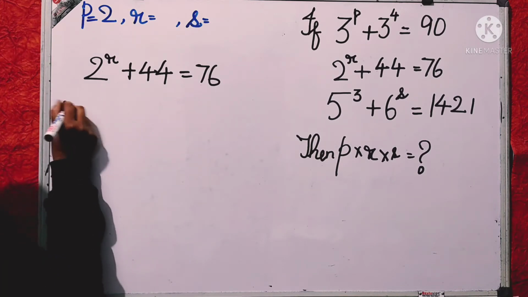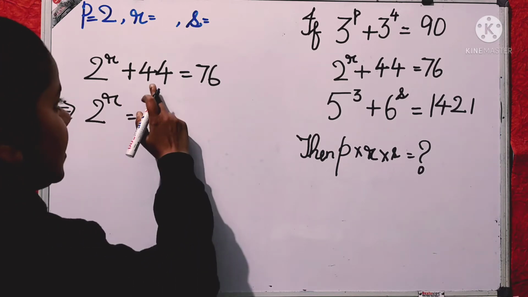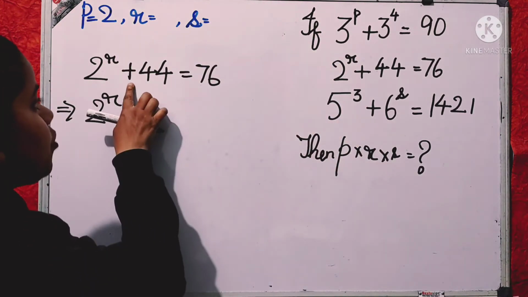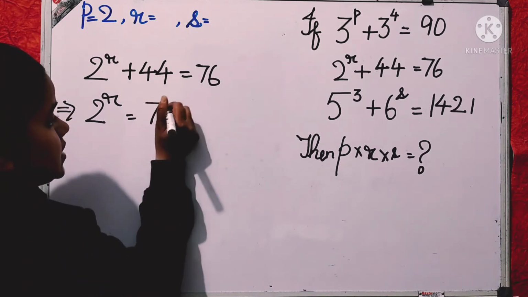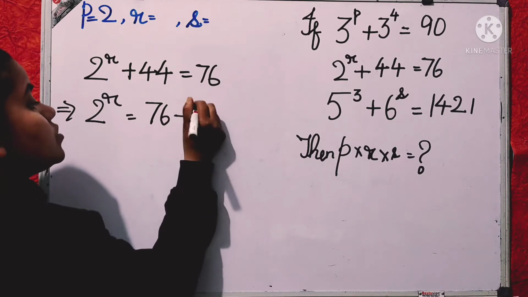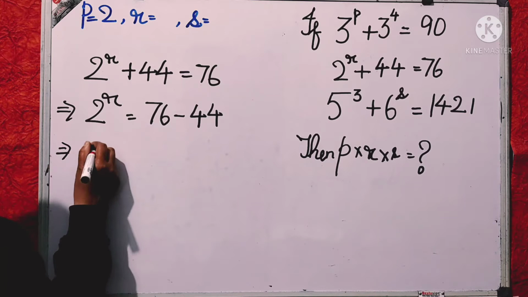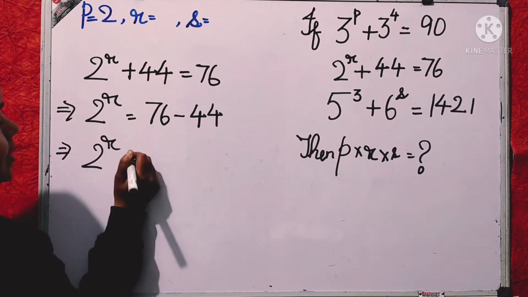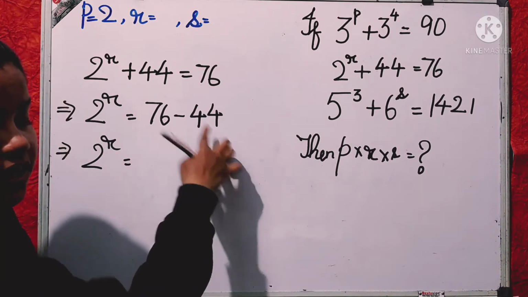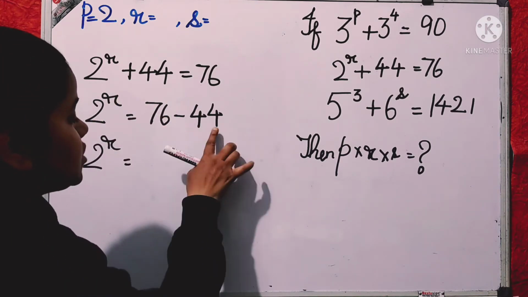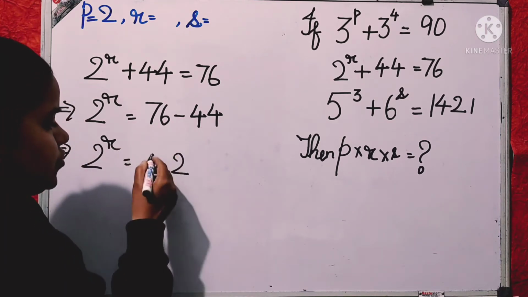So we can just solve it. 2 raised to the power R, and when this number goes to the other side, this positive 44 becomes negative 44. So this would be 76 minus 44, so 2 raised to the power R equals, if you do it mentally, 6 minus 4 is 2 and 7 minus 4 is 3.